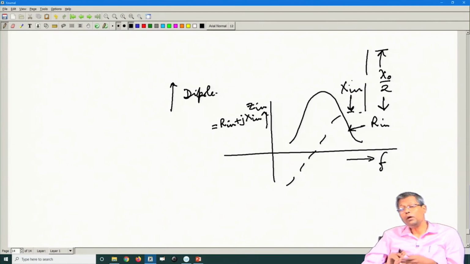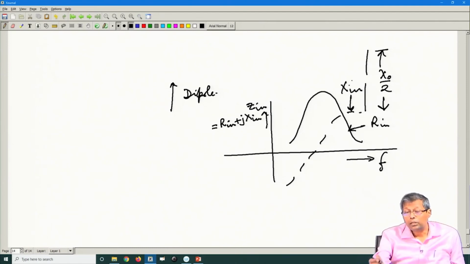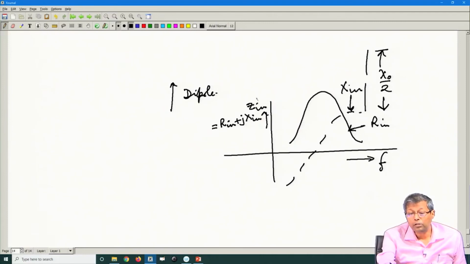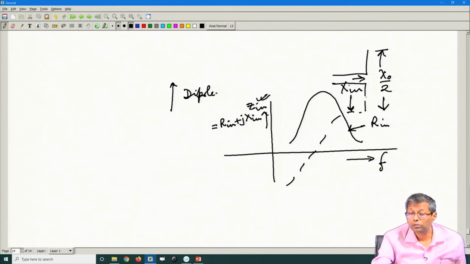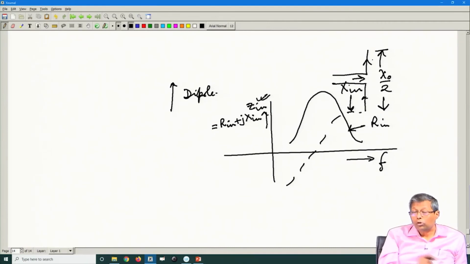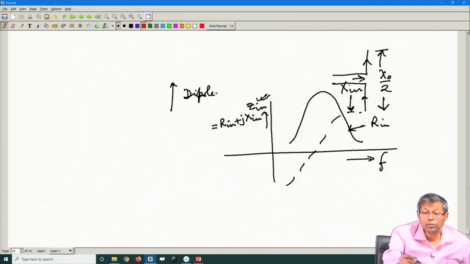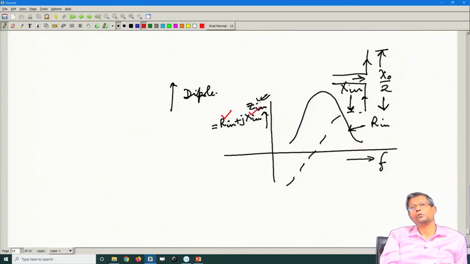So, what is the meaning of this R in and X in? It means that this is the input impedance to the dipole, that is the impedance seen looking at this point. So, if this is the feed to the dipole, it is the impedance seen looking at this point. So, the dipole current is here. It consists of two parts, one is the resistive part and another is the reactive part.